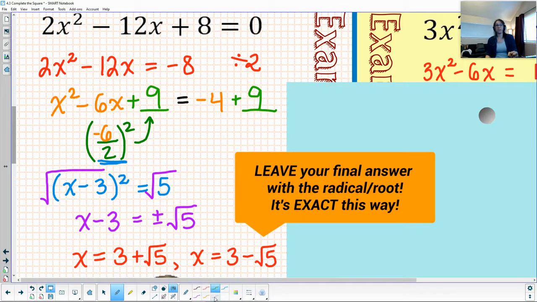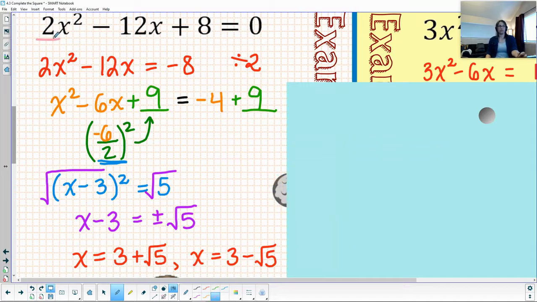This one would not have factored. So if you try to factor, 2 times 8, okay, what gets me to 16 and adds to negative 12? Ooh, nothing would have worked here. Factoring doesn't always work. Complete the square does always work. So it does have a certain advantage.